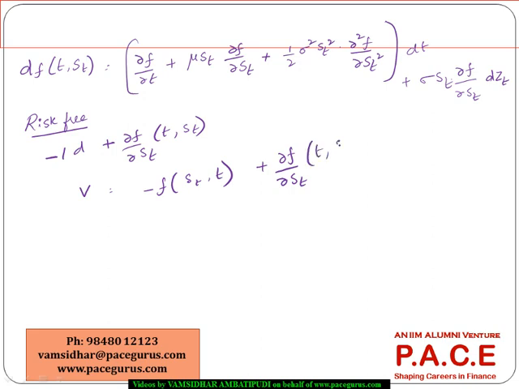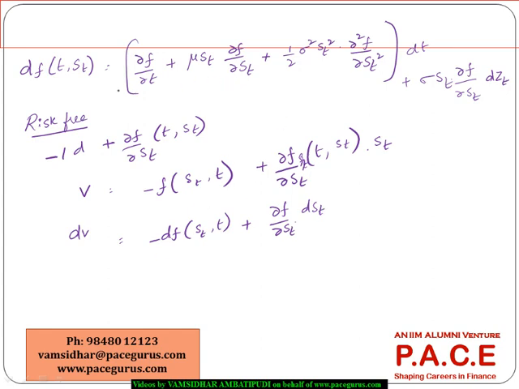So the value of the portfolio is minus f(st, t), which is the shorting of the derivative, plus ∂f/∂st times st, the number of shares that I have taken. Now I want to see the change in the value of the portfolio, which is minus df(st, t) plus ∂f/∂st dst.